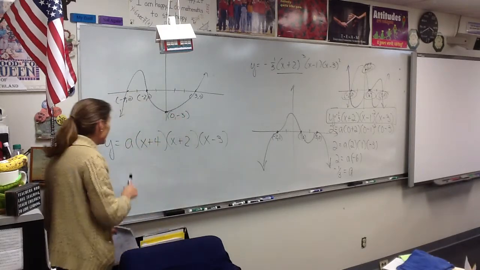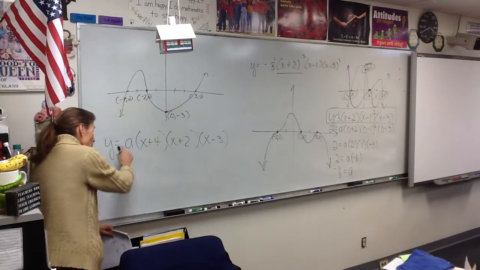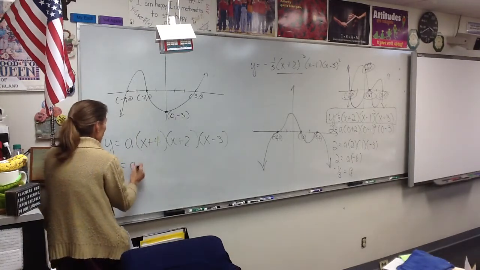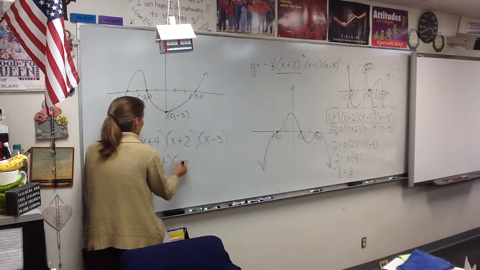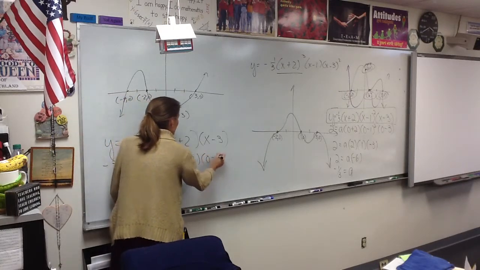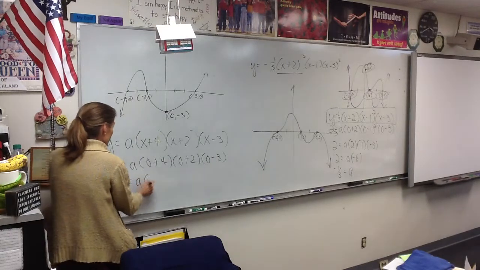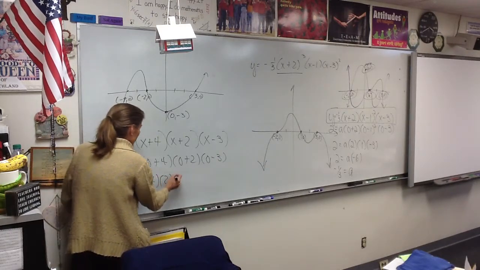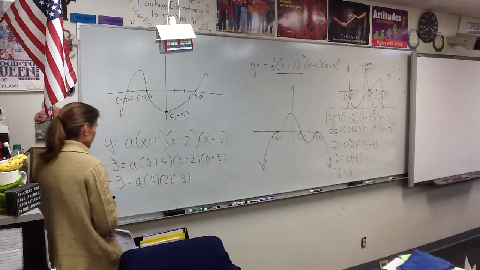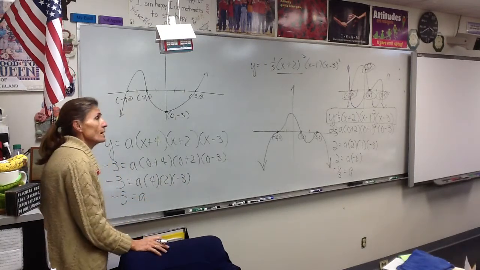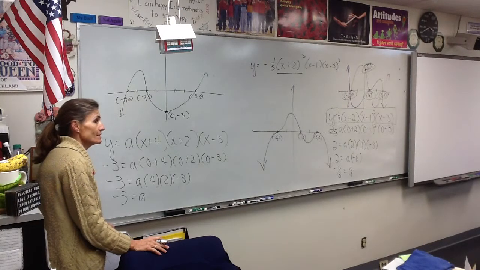So how am I going to find that point, or that coefficient? I'm going to put -3 in for y and 0 in for x. And I'm going to do the arithmetic. Four times 2 times -3.